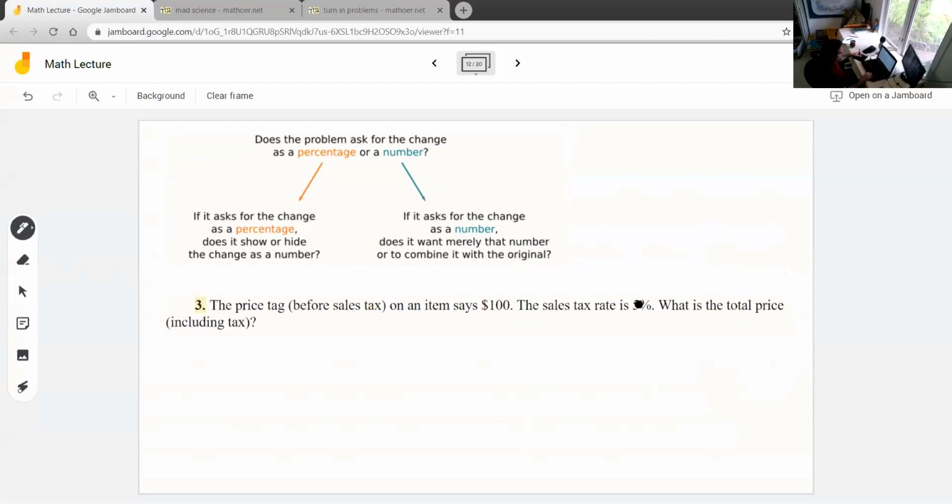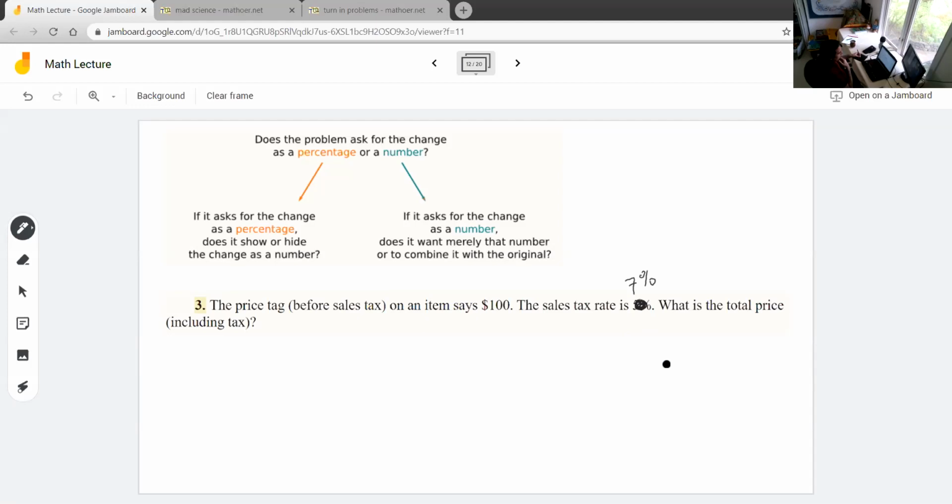So let's change the numbers, and instead of 5%, say that's 7%. Should we change the price tag also? No? Okay. So the price tag before sales tax says 100. There's a 7% tax rate.